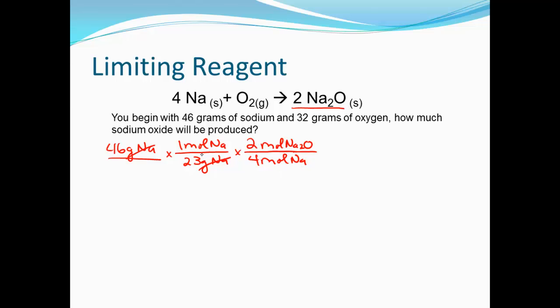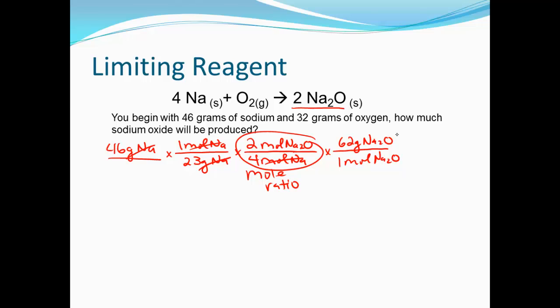If you can see here, now my moles of sodium cancel out. Where did I get this? Again, this is my mole ratio, and I got this from the balanced equation. Then I'm going to convert it back to grams. For every 1 mole of sodium oxide, it has a molar mass of 62 grams Na2O.